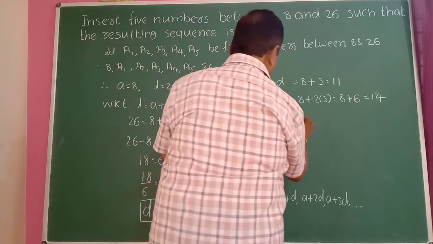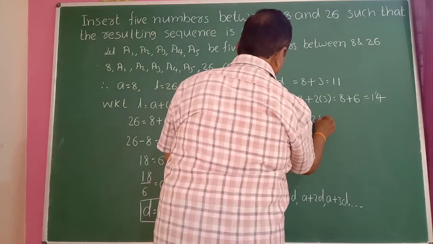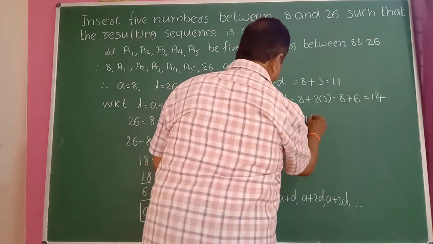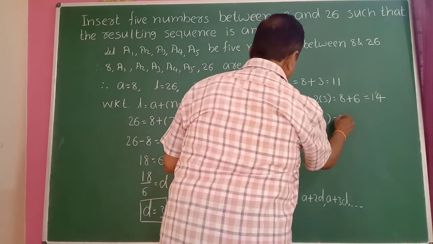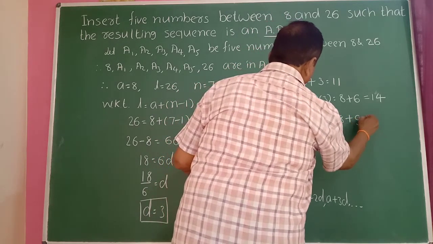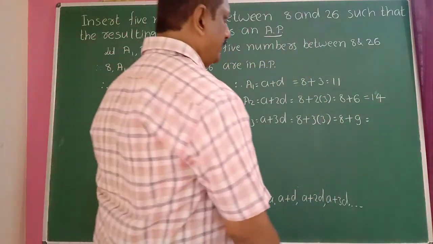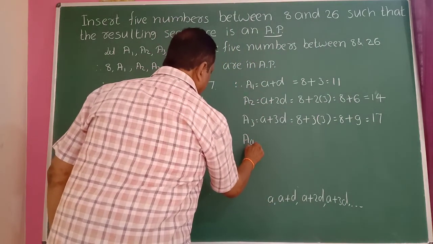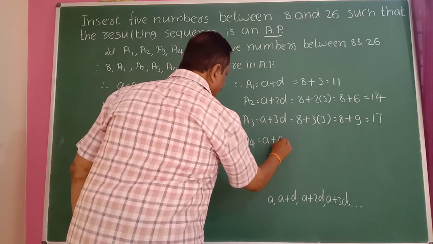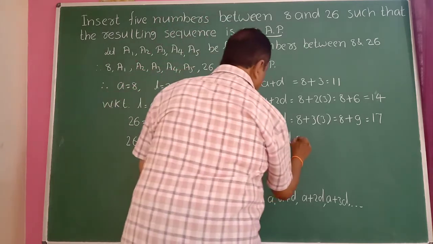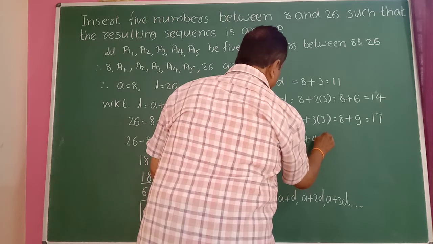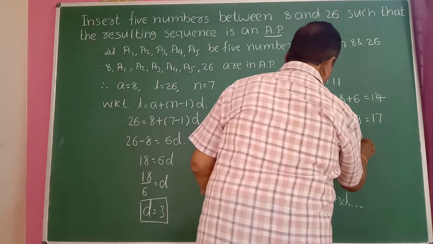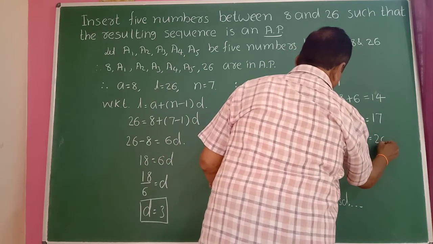So 8 plus 3 into 3, 3 3s are 9, 8 plus 9 is 17. So it is 17. Then a4 is a plus 4 into d. The a value is 8, then 4 into 3 is 12, and 12 plus 8 becomes 20.